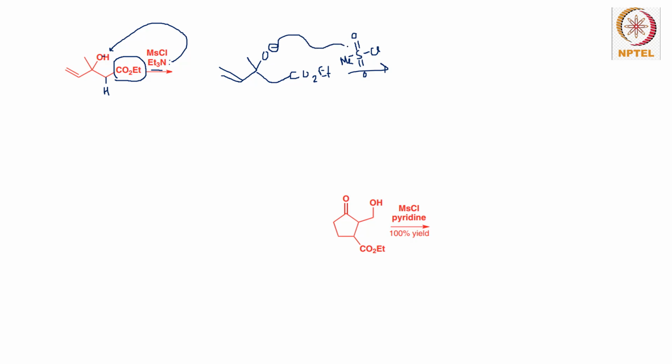So if methyl chloride is given, it will attack here. Actually we are just protecting the OH here. We are protecting the OH, or rather making it a good leaving group also. So it will form this OMs as chloride is removed. So now it is not methyl chloride, it is MsCl, methanesulfonyl chloride. So it will be OMs.